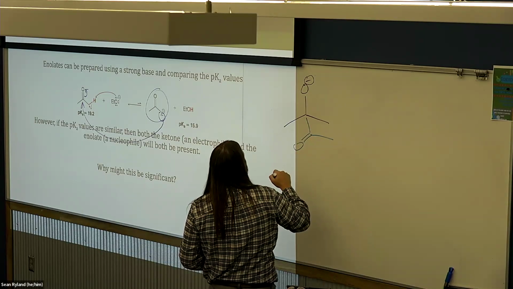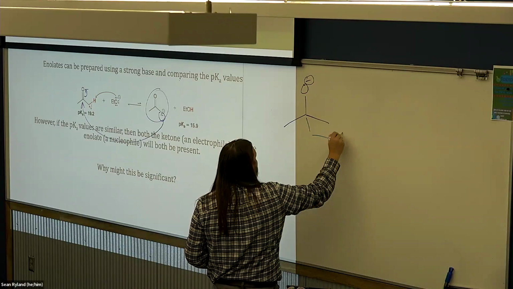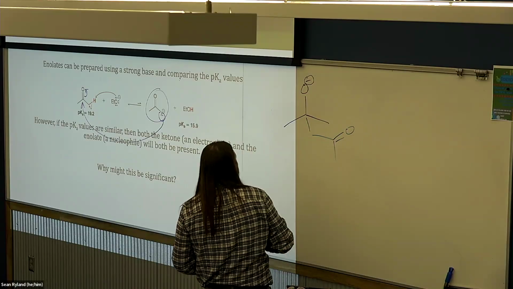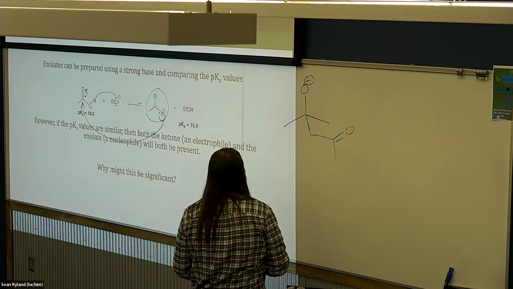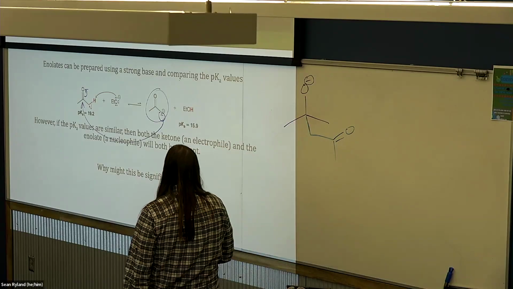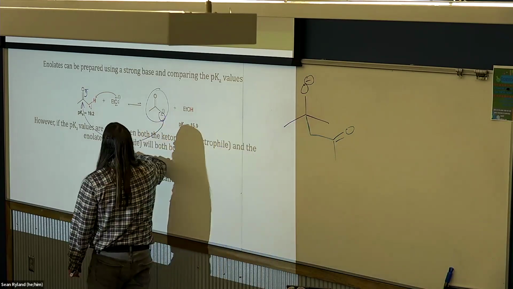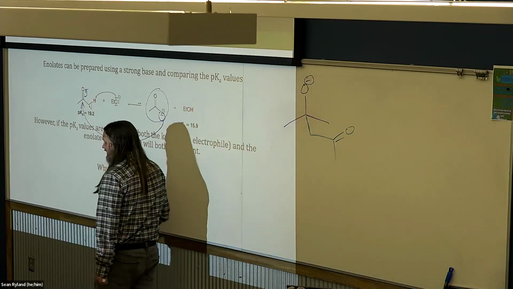Oh, okay, I see it. I was counting carbons wrong. Right, so our alpha carbon from one acetone gets attached to the active carbon from the other acetone.